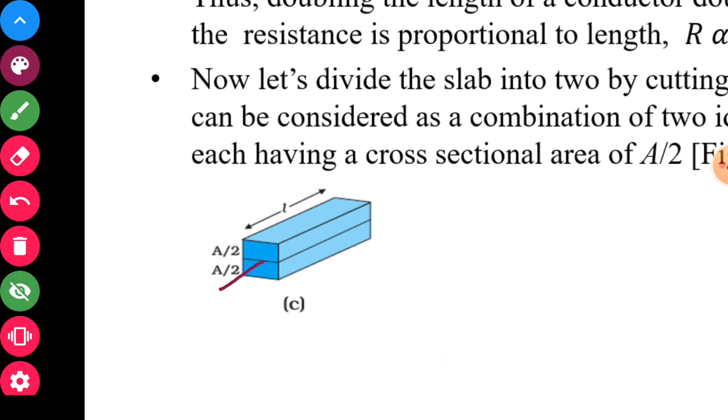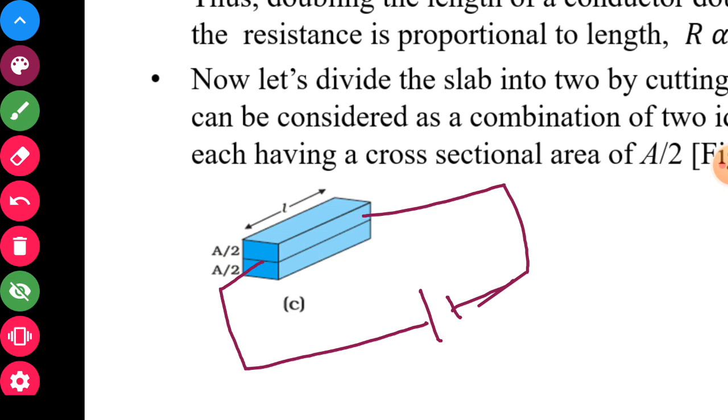Now if you join the battery here, then the voltage across both the slabs, say V, will be the same.